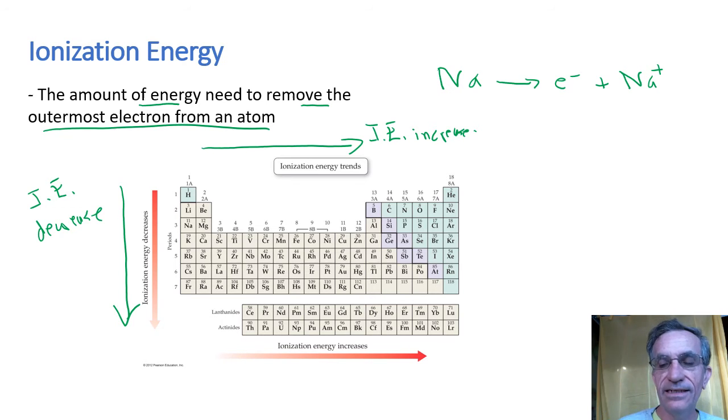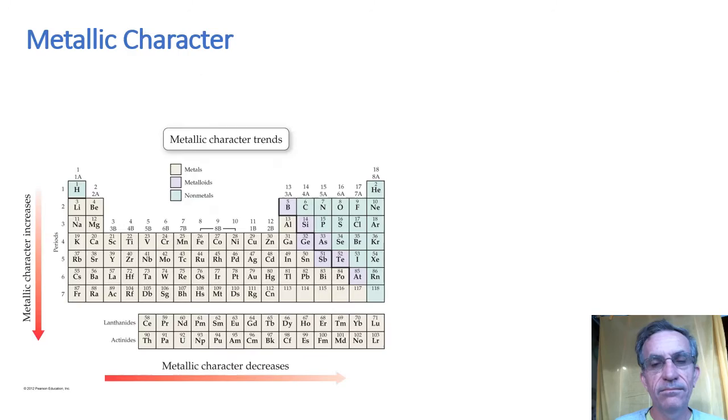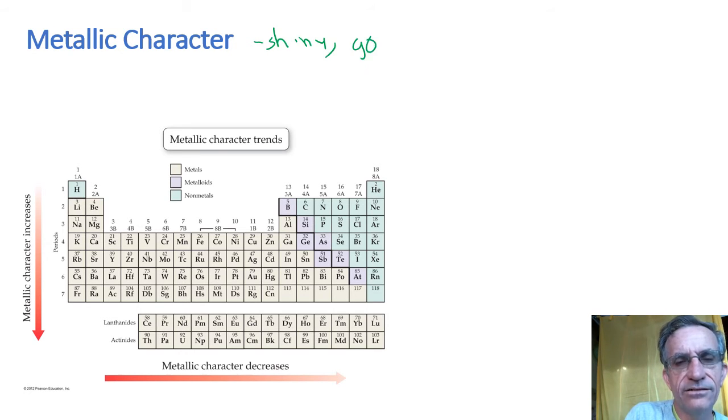One last pattern is called metallic character. That's going to be what you might guess, which is, are you like a metal? Are you shiny? Are you a good conductor? All those things that we talked about that make metals metals.